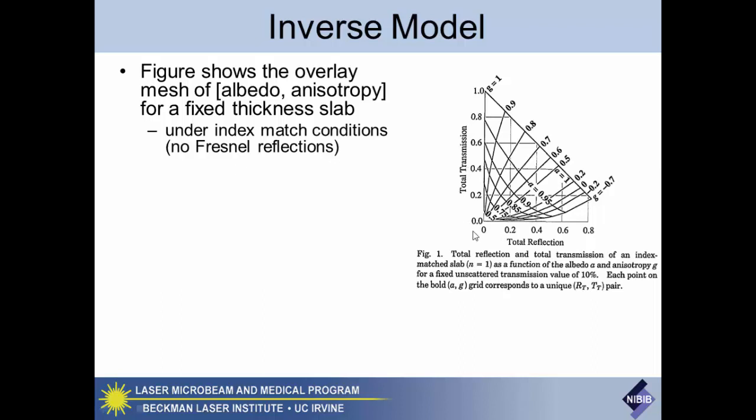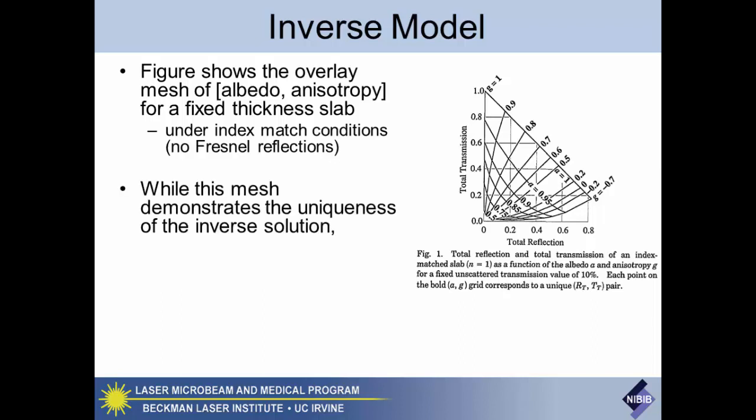So under idealized cases, total reflectance and total transmission are relative values. They go from 0 to 1. And what we can see from this solution grid is the fact that when you have very low transmission or low reflectance, this mesh kind of collapses. And so there your sensitivity to measurement error can have a huge impact on the accuracy of the optical properties that you report.